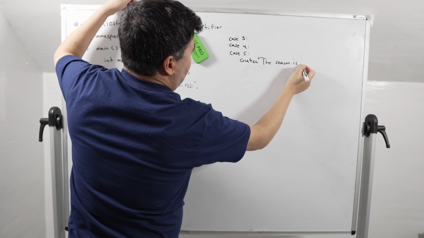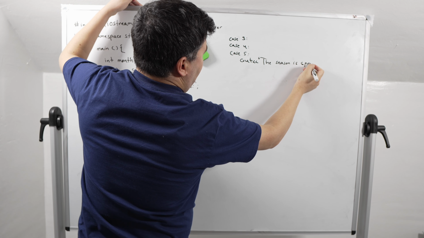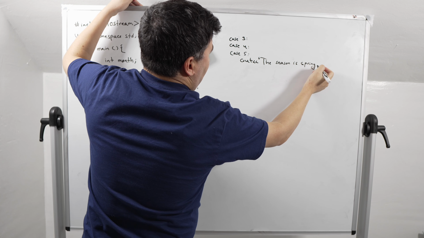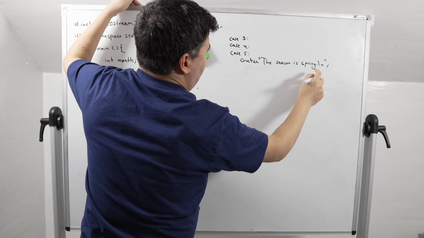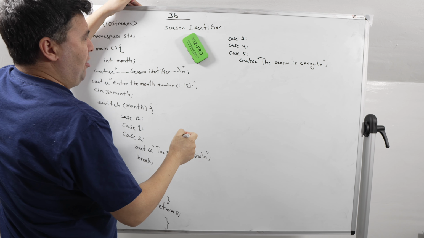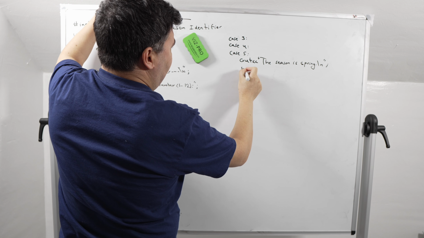The season is spring. And \n, which creates a new line, and then semicolon, and then we have break.